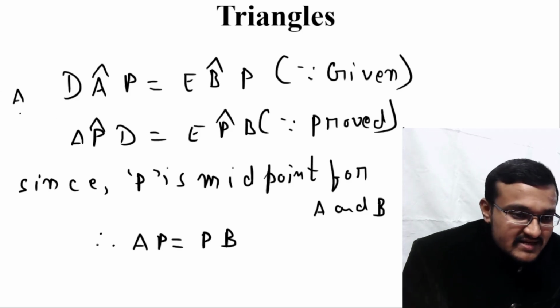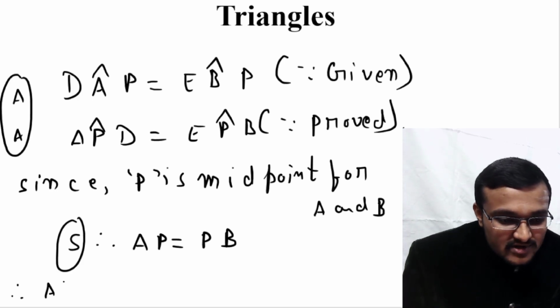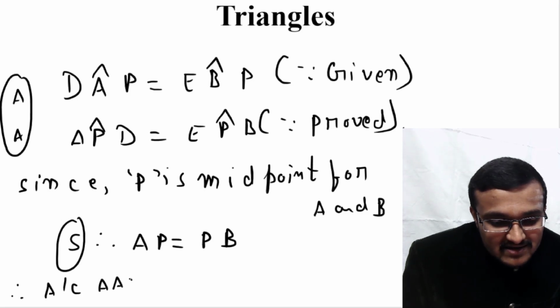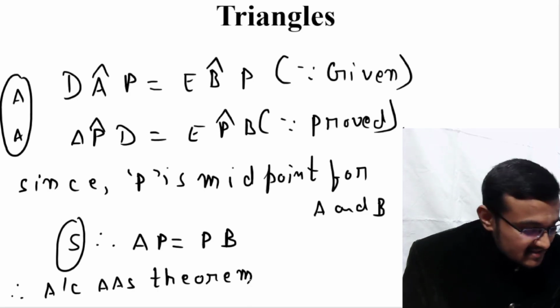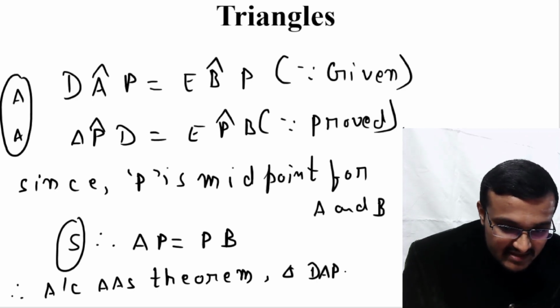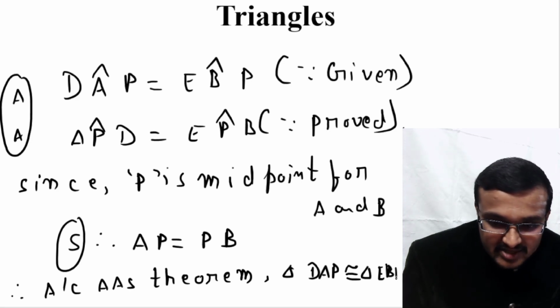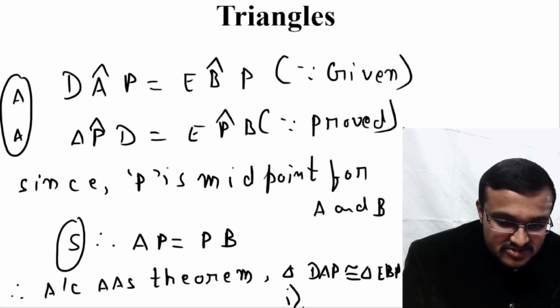So that means here we are getting angle side. Therefore, according to angle side theorem, triangle DAP is congruent with triangle EBP. So this is the first question.